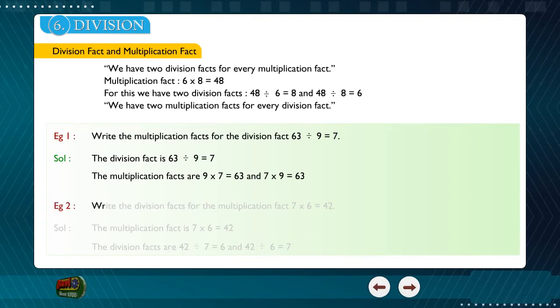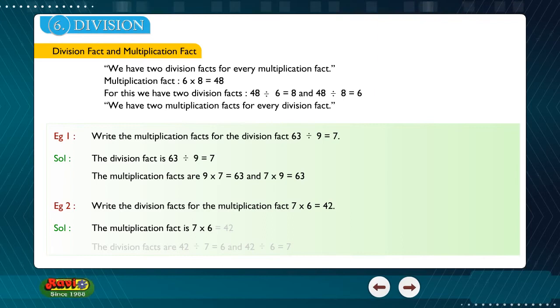Example 2. Write the division facts for the multiplication fact 7 into 6 is equal to 42. Solution. The multiplication fact is 7 into 6 is equal to 42.